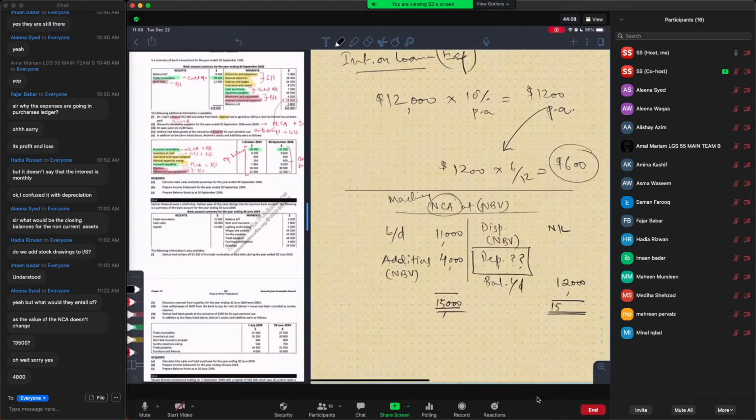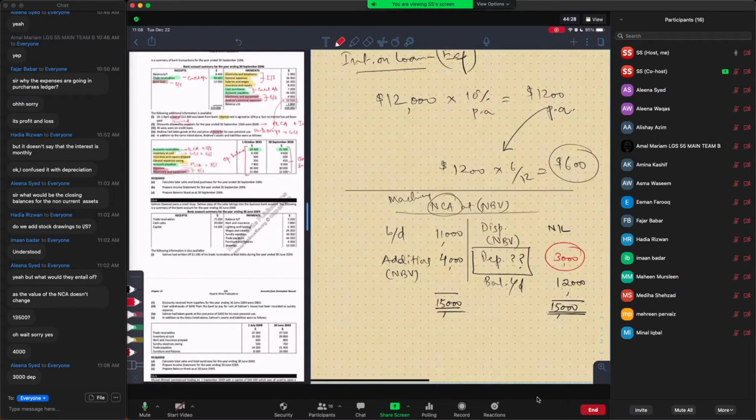And if your net book value should be $15,000 at the end of the year, but our records say that we only have $12,000 worth of net book value, so where did the remaining $3,000 assets go? These must have been depreciated. So this $3,000 is your depreciation charge, right? We have done this account many times in the depreciation MCQs.